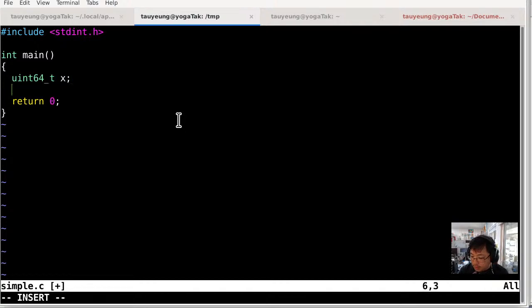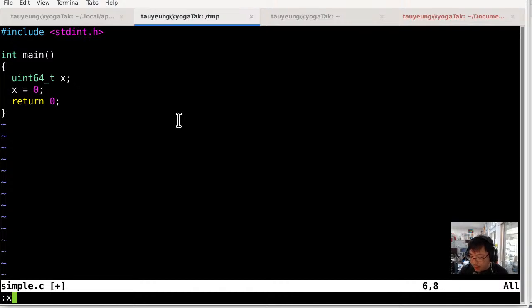We'll just call it x. And we have x equal to 0 over here, which is not actually needed for what I need to do, but I need it to be here so that the compiler does not optimize x out of existence. Otherwise, GCC, even without turning on optimization, will optimize out any unused local variables.